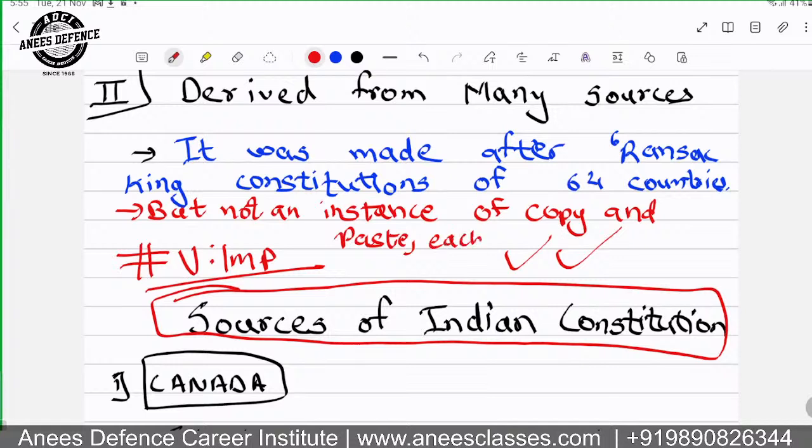Each provision was debated and adopted to suit Indian conditions.